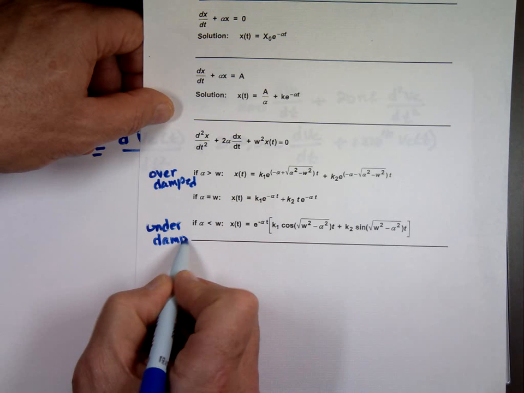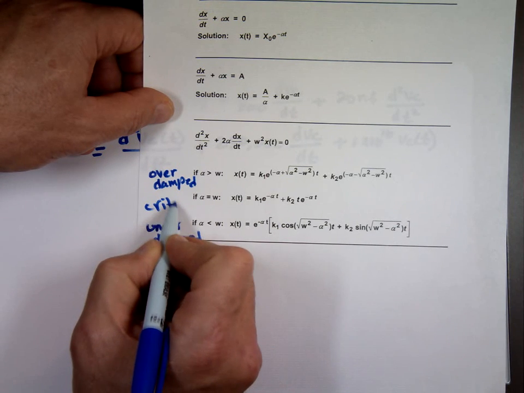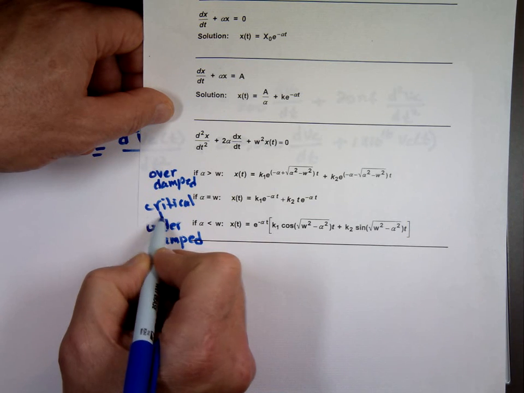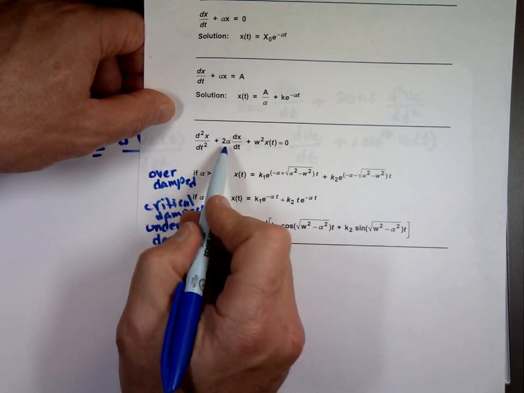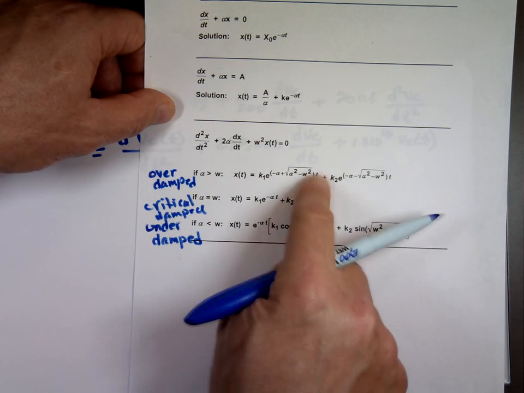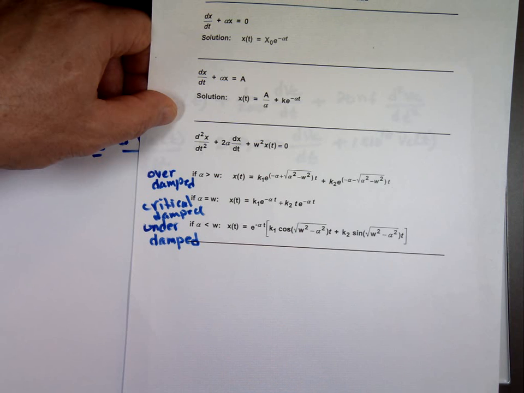And when alpha equals W, it's called critically damped. So I need to know what alpha and W is before I decide which one of these is the solution. One of them is going to be the solution.